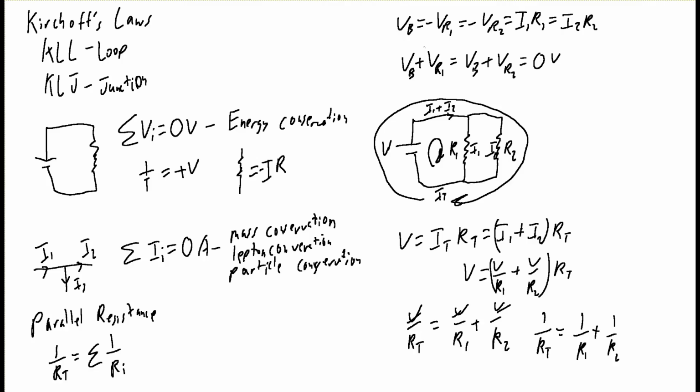Your battery is increasing the potential on electrons, and then it goes around and comes out the other side as current flows, and then they drop their potential going through the resistor, and then they have to go back around again. And then there's Kirchhoff's junction law, where current coming into the junction has to leave the junction, so that the sum of currents going through your junction is equal to 0 amps.